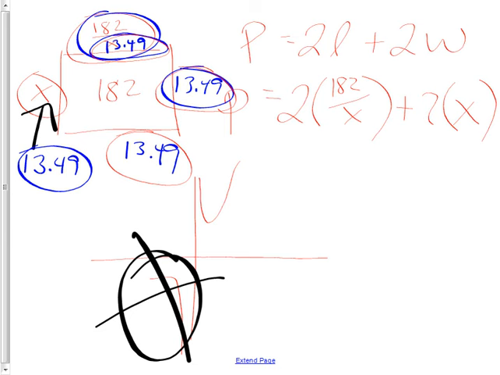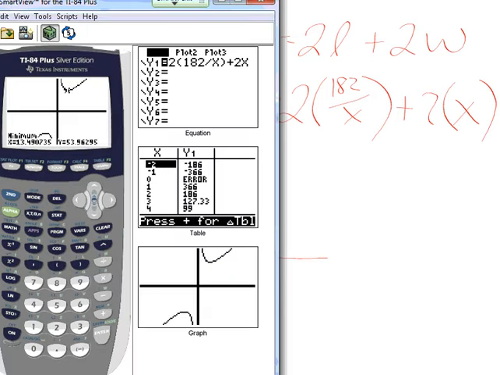That guy's perimeter is about 53. That is the perimeter. So one of these numbers is how long the side is, and the other number is the perimeter. Let me get you that picture again. One of these numbers is how long the side is. The other one's the actual perimeter.